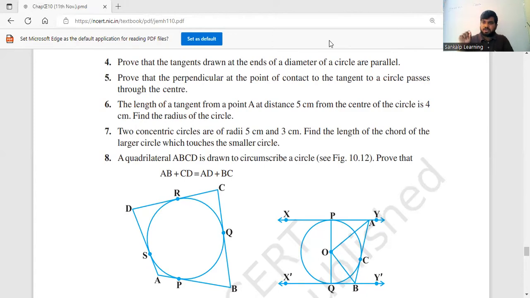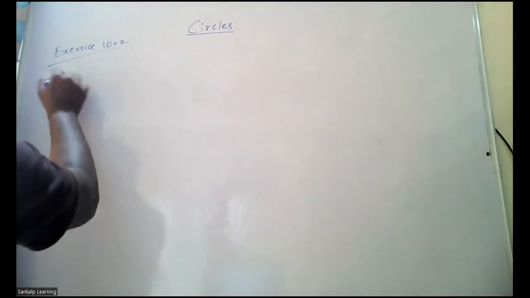Now with the same center, increase the radius, draw a circle. You keep doing it, you get concentric circles. Now find the length of the chord of the larger circle which touches the smaller circle. Very, very interesting question and a very important one.